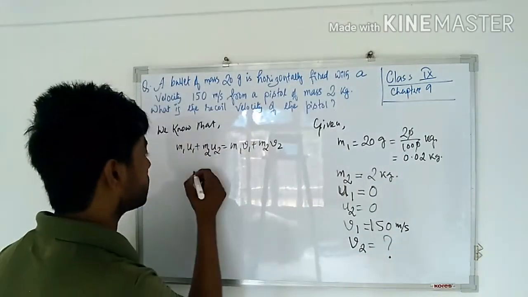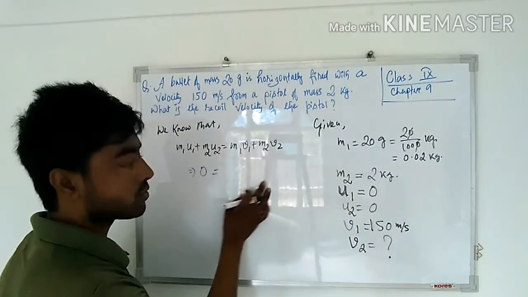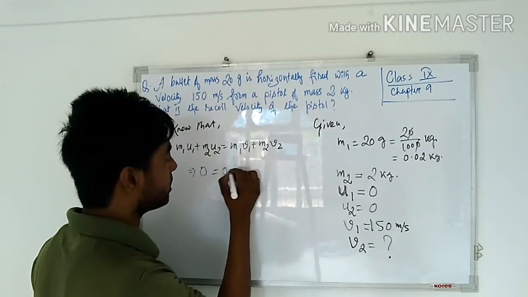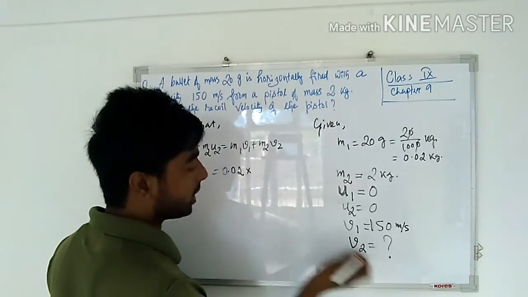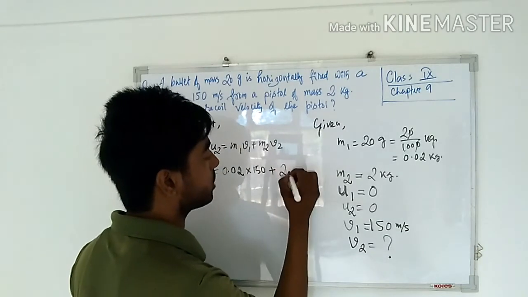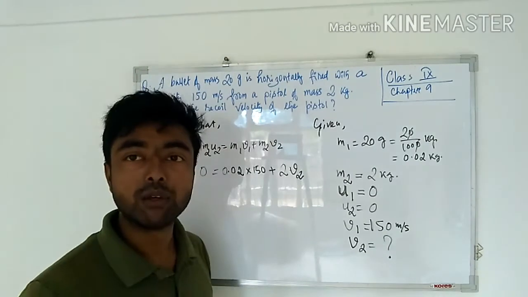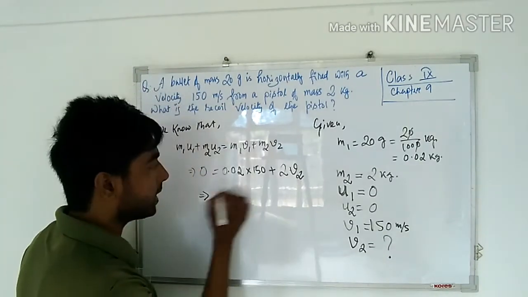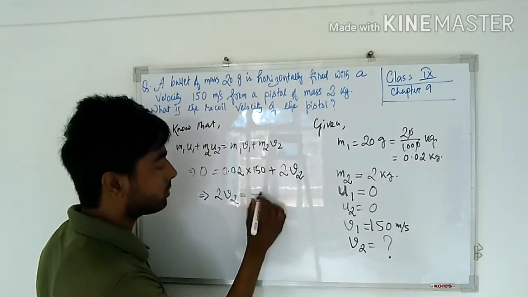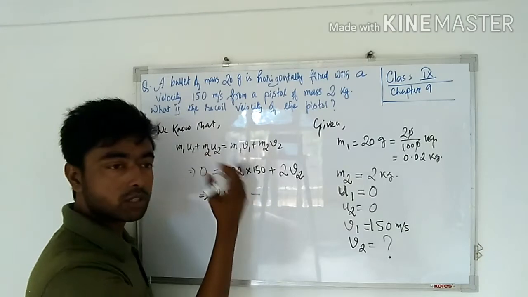Momentum of the bullet after collision will be M1 V1 plus momentum of the pistol after collision will be M2 V2. Just put the value, it will be 0 is equal to, because U1 is also 0, U2 is also 0, so I can write directly a 0 here. So M1 means what? 0.02 into V1, it is given 150 plus M2 how much? 2 kg into V2. We need to calculate the value of V2. That implies, can I write 2 V2 is equal to, it will go that side, so it will be minus, this part will go in this side, so it will be minus.